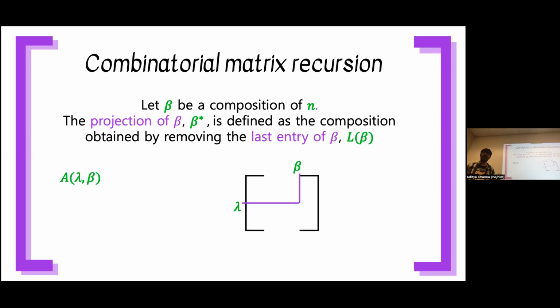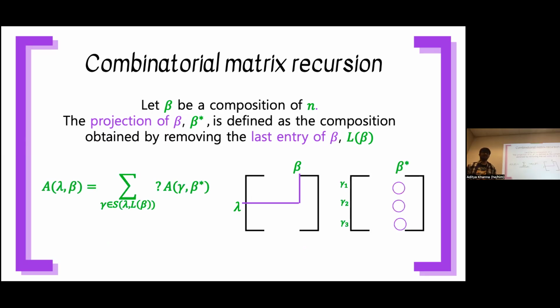If you have any A lambda beta, which is a combinatorial matrix, and it's sort of recursive in some sense, such that if I want to find the row lambda, column beta entry, what I can do is look at the smaller matrix with a beta star column, look at some rows gamma 1, gamma 2, gamma 3.